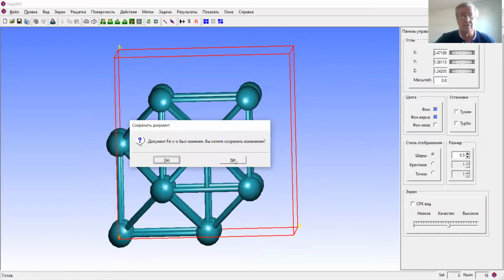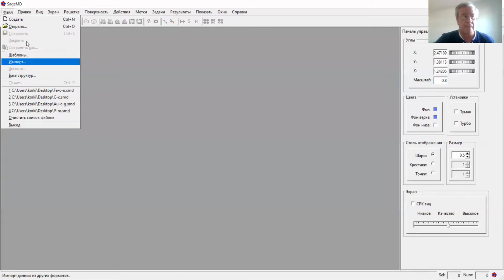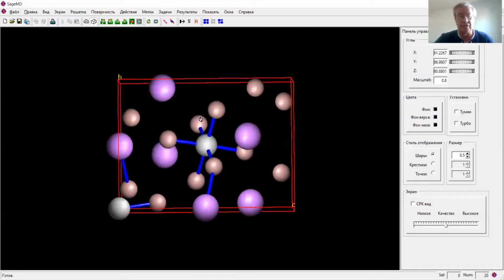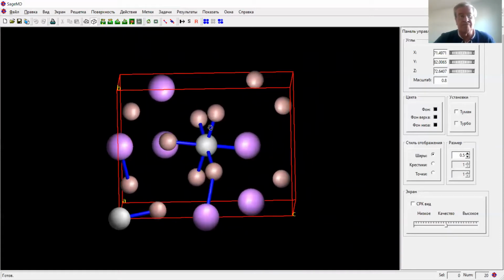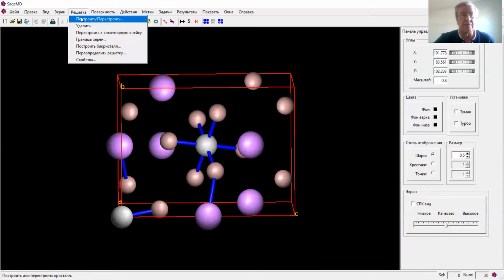All right, so the next example will be the monoclinic structure of sodium 3, aluminum, fluorine 6. It's a cryolite structure. Okay, let's open and see. It's quite a nice structure, by the way. So first of all, let's see the parameters of the monoclinic structure.